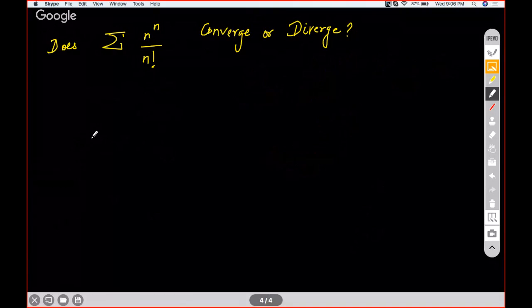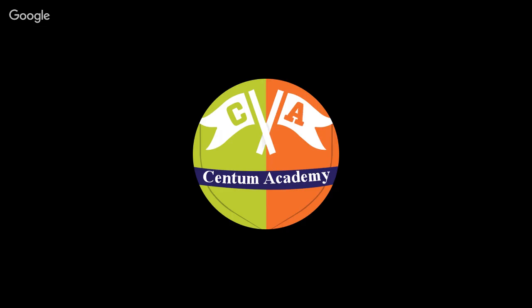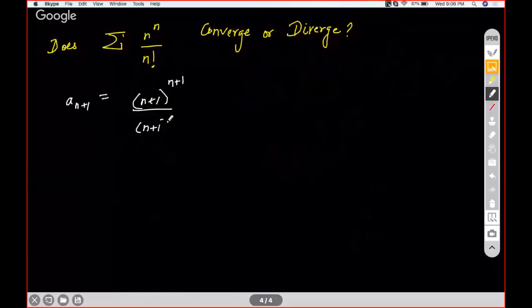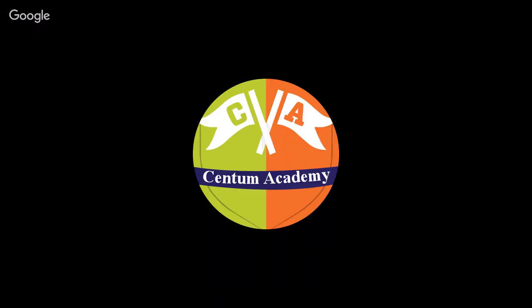So it'll be n plus 1 to the power n plus 1 by n plus 1 factorial. So what is an plus 1? n plus 1 to the power n plus 1 by n plus 1 factorial, times n factorial by n to the power n. an is n to the power n by n factorial, correct? So let's find out the limit as n tends to infinity of an plus 1 by an.